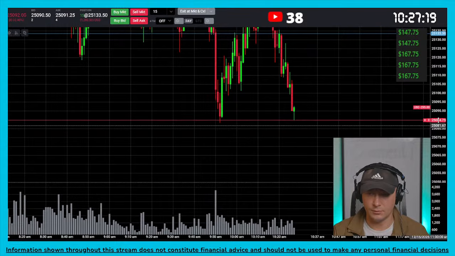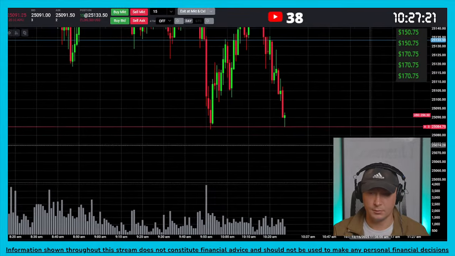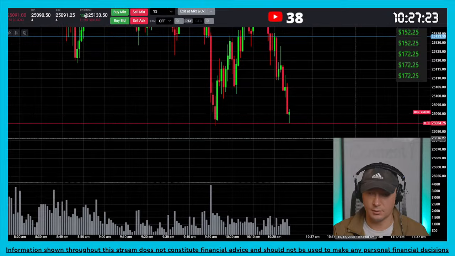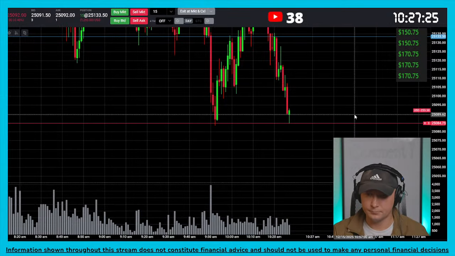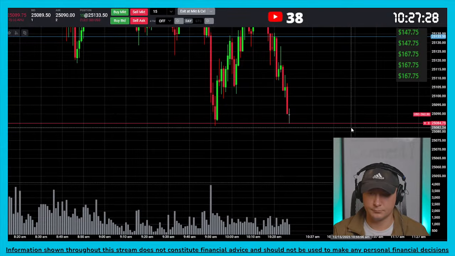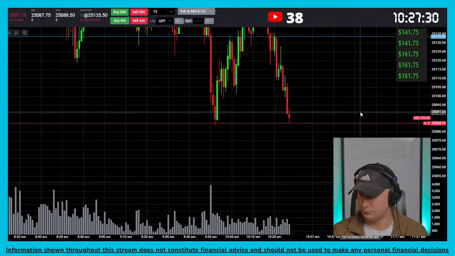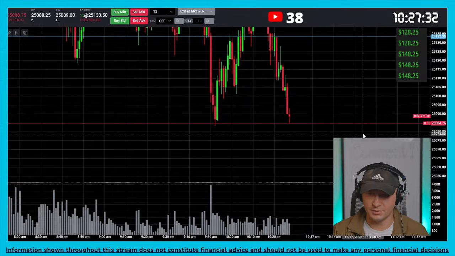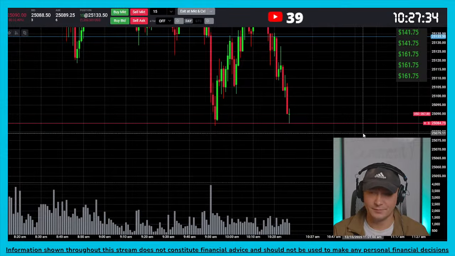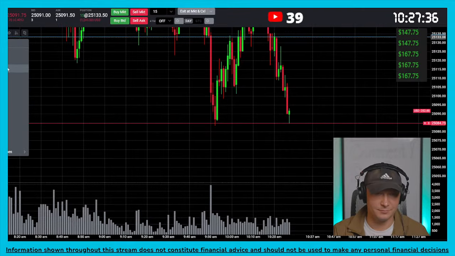Okay, I'm going to move it to the bottom of this wick now, because if this doesn't bounce here, then I want out. Just reverse position? Nah. No, thank you.